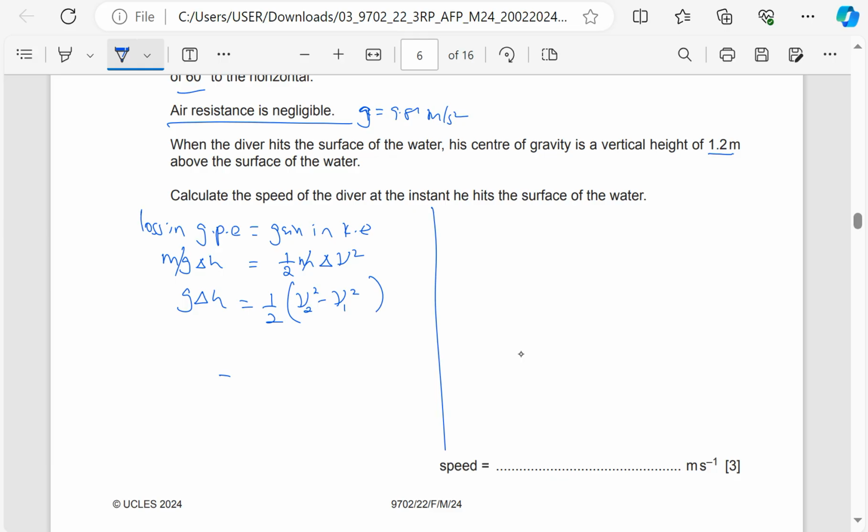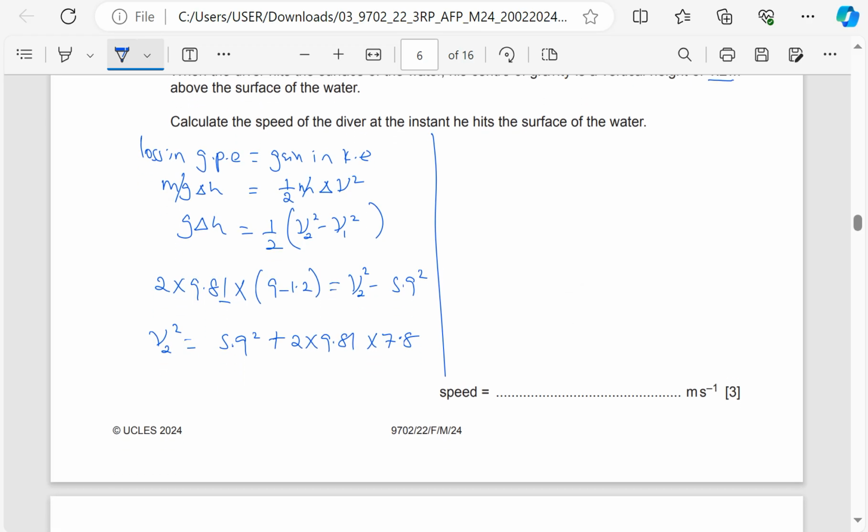So 2 times 9.81 times the change in height, which is 9 minus 1.2, is equal to v2 squared minus v1 squared, where v1 is 5.9. So v2 squared is equal to 5.9 squared plus 2 times 9.81 times 7.8.